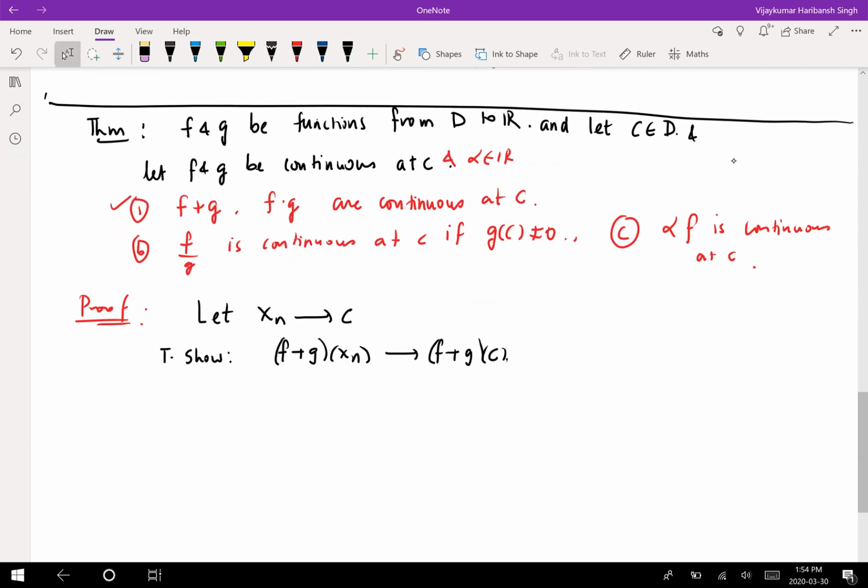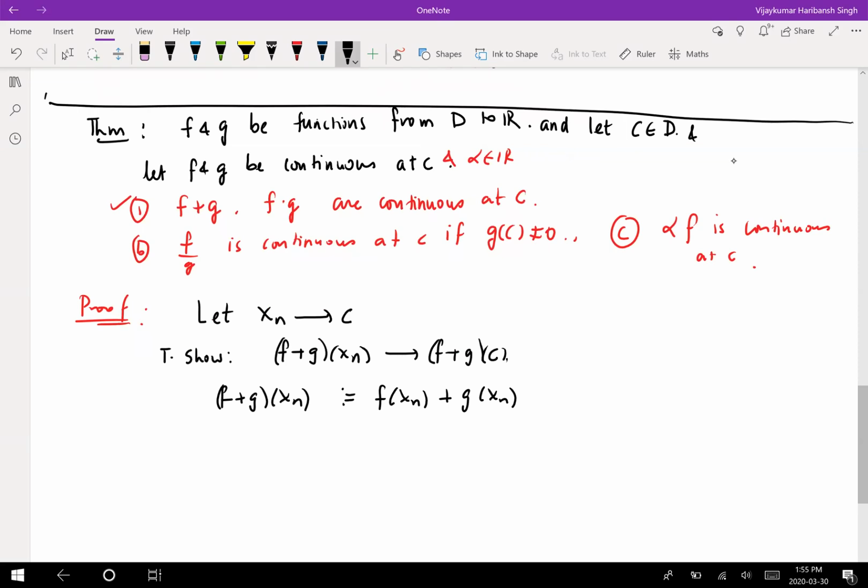So first of all, what is the definition of f plus g of xn? F plus g of xn by definition is f of xn plus g of xn. All right, this is what it means by f plus g of xn.